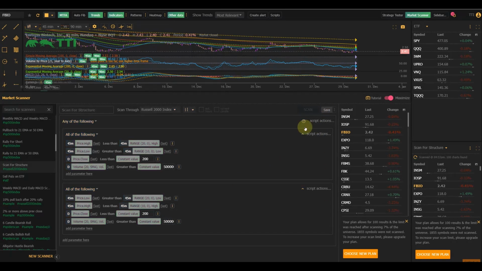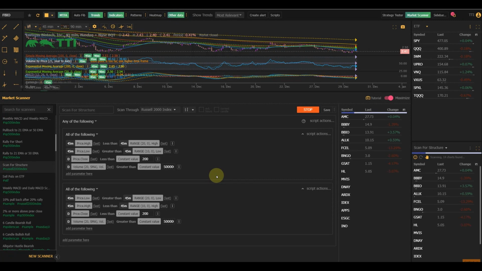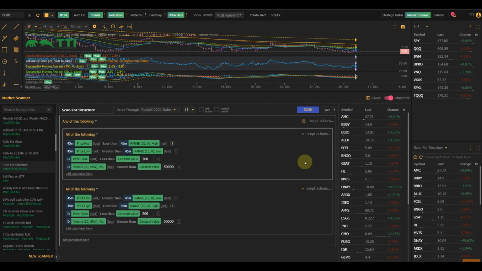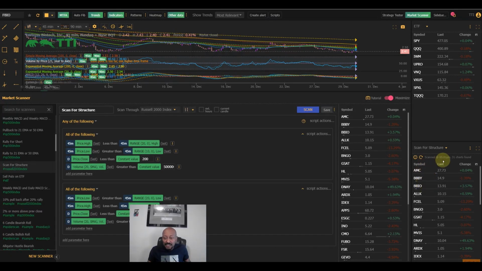We can save it, and now when we scan, it should be a much smaller number. We might still get more than 100, but it's actually a beautiful number, because it only gave us 31. The idea is to now get a very, very small number.